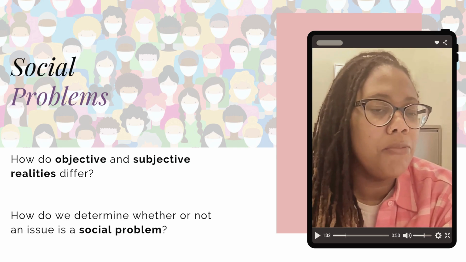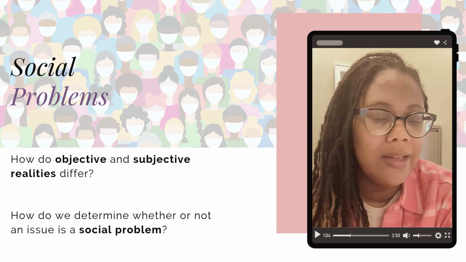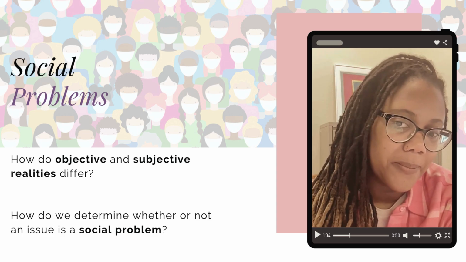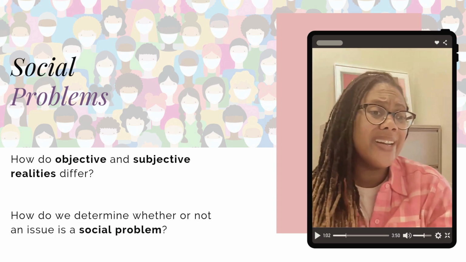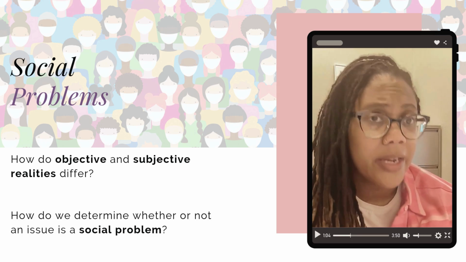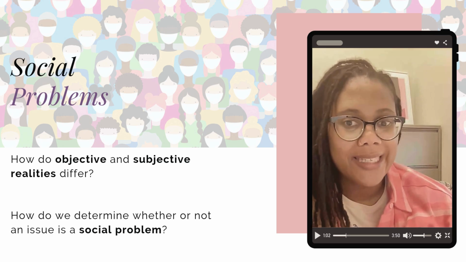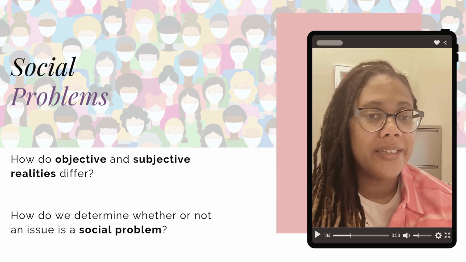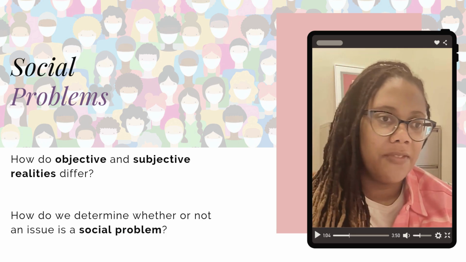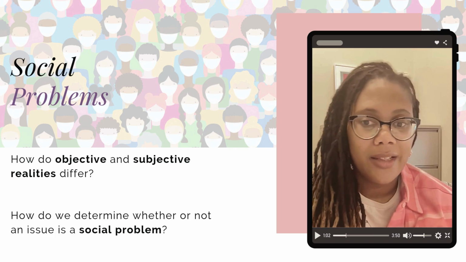So, attachment of meanings to our realities. And so often there is an objective reality. There is some sort of truth. But how different people view that reality can really be colored by everything that they've experienced and been taught in their lives.